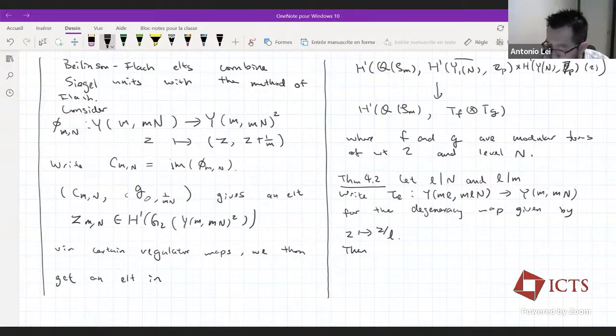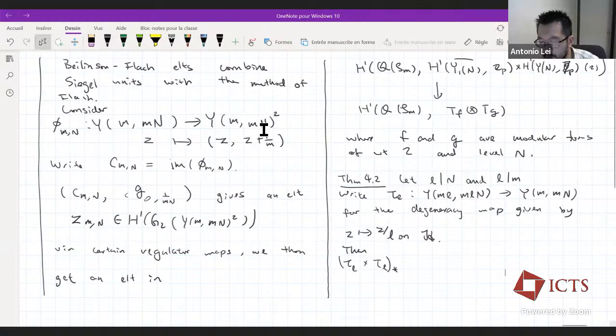Right, so this tau_L is some degeneracy map between these two modular curves. So it is essentially given by Z sent to Z over L, and this is when I realize this map on the upper half plane. So now I look at the product of these two maps induced on this group.